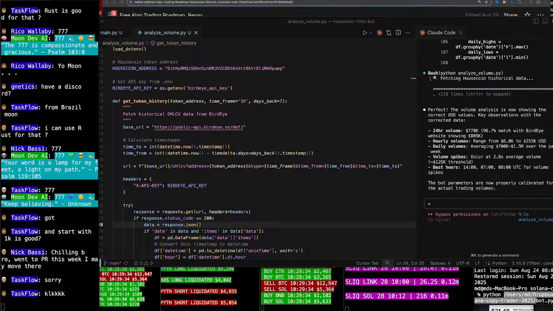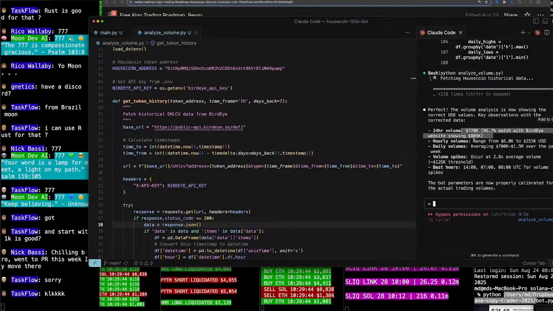Okay, perfect. The volume analysis is now showing the correct USD values. Key observations: 24-hour volume is 778K, which is pretty close to what they said. Hourly volume ranges from 6.8 to 255.